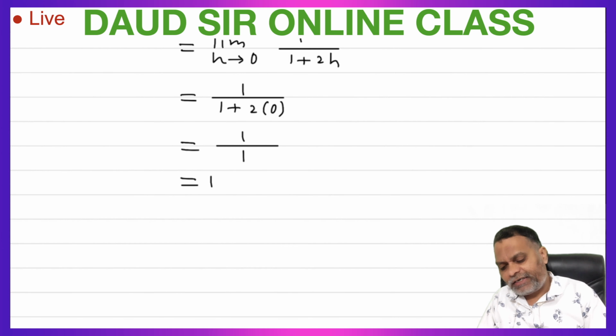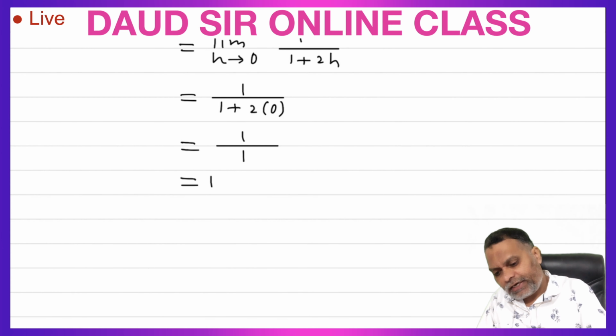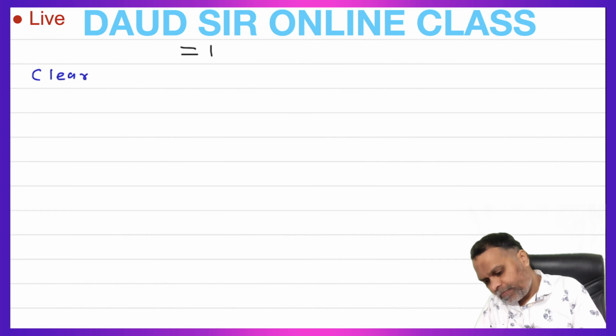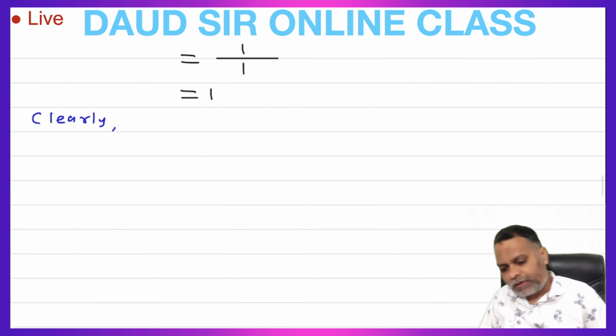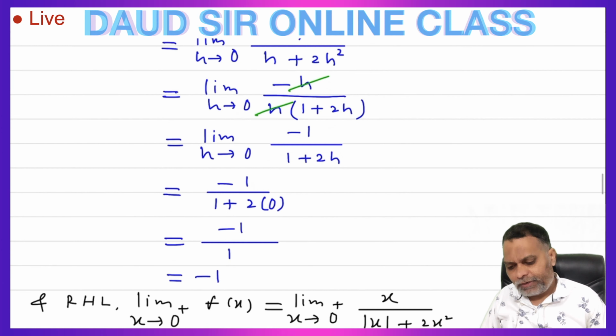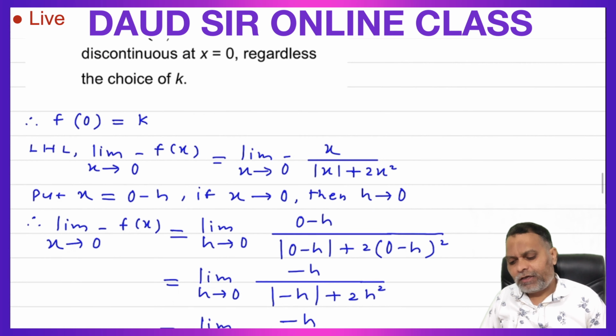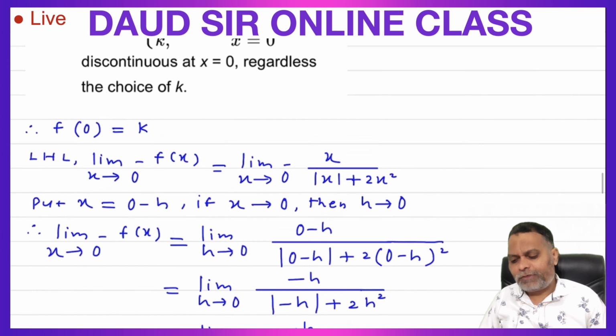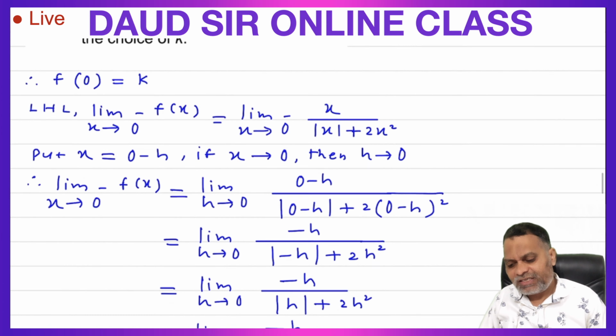So we have got right hand limit 1, left hand limit minus 1, and the value of f of 0 is equal to k.